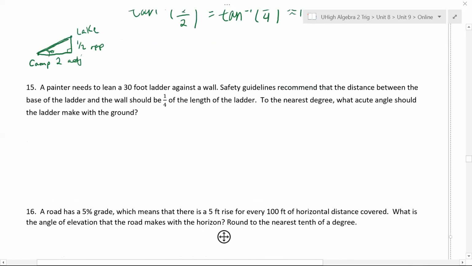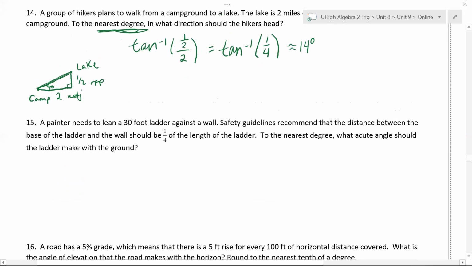Number 15. A painter needs a 30-foot ladder leaned against a wall. Safety guidelines recommend that the distance between the base of the ladder and the wall should be 1/4 of the length of the ladder. To the nearest degree, what acute angle should the ladder make with the ground? Here's my ladder, here's the wall, and here's the ground.